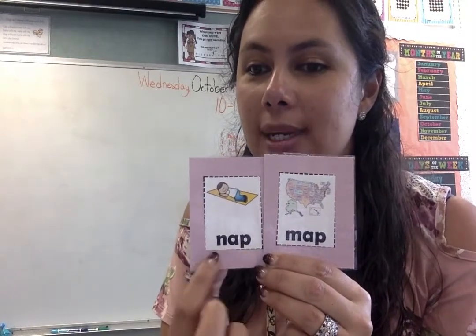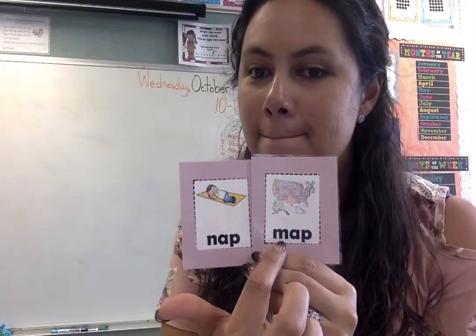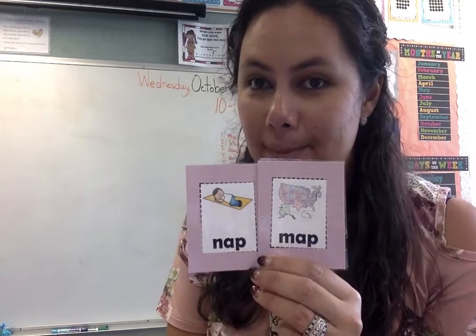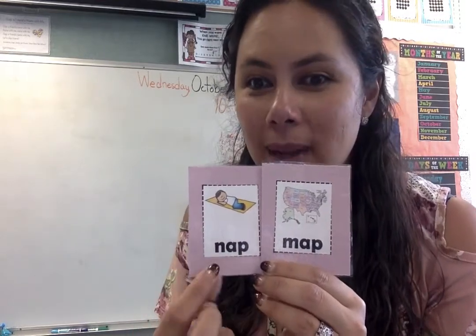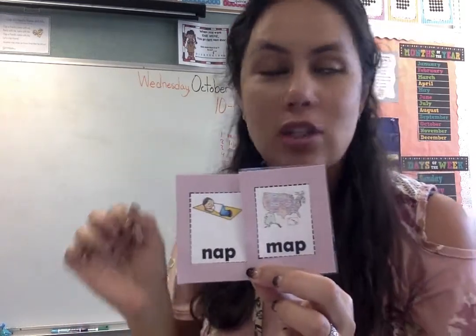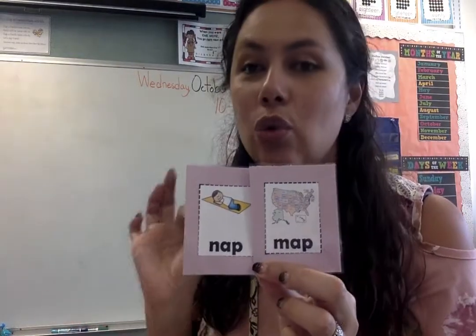If we look at these two right here, we have nap, map. They rhyme. Look at the letters on the end. They have the same two letters. The only thing that changes is that onset, the very first sound you say when you say the word.